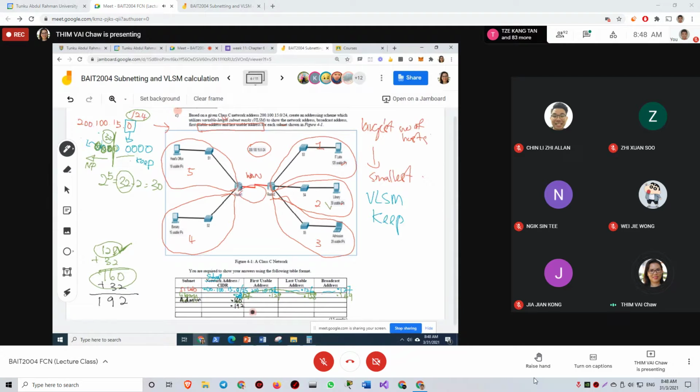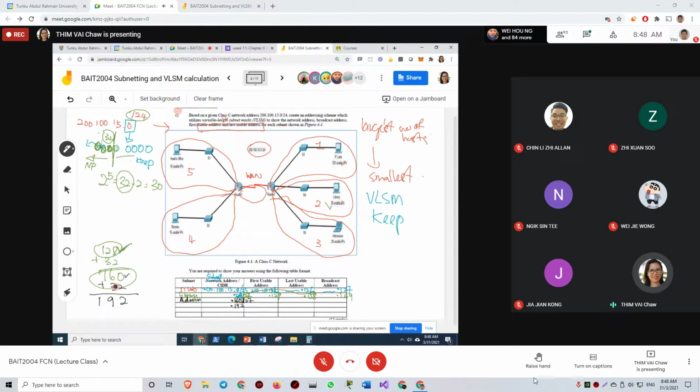192. Okay. So same thing, you're still going to keep 5 bits for the host portion. It means that 3 bits over here you are going to use for the network portion. So that's why here I still have a prefix length /27. Just now I did mention 160 is one address and you have 32 addresses.